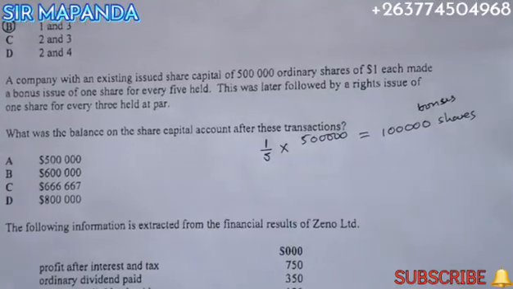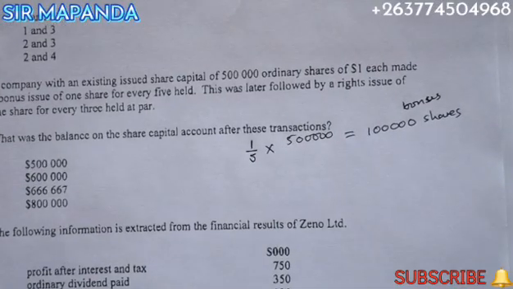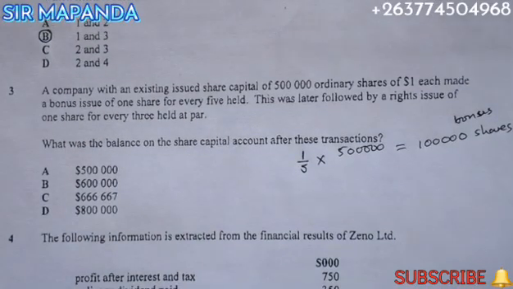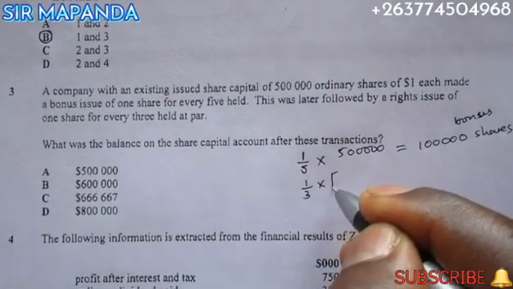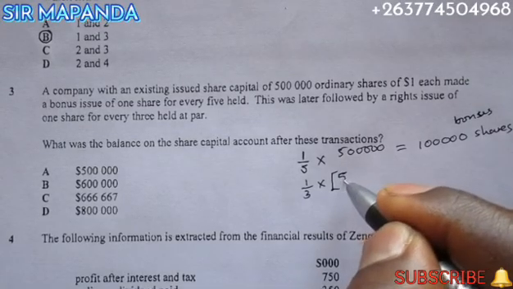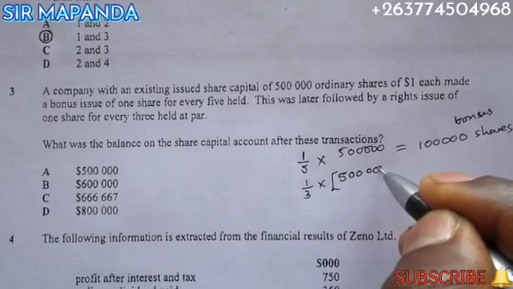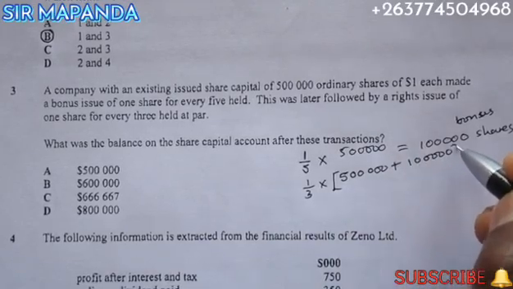Then we move on to sentence number 2. This was later followed by a rights issue, right, of 1 share for every 3 held at par. Right. So 1 over 3 times. So for rights issue, don't multiply by 500,000, right? But you multiply by 500,000 plus 100,000 bonus shares which were added.